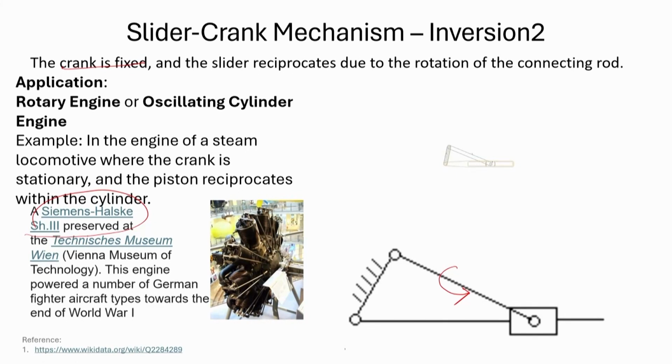The Siemens Halske is an example, where you would see that this kind of oscillating cylinder is developed using the inversion of the mechanism.